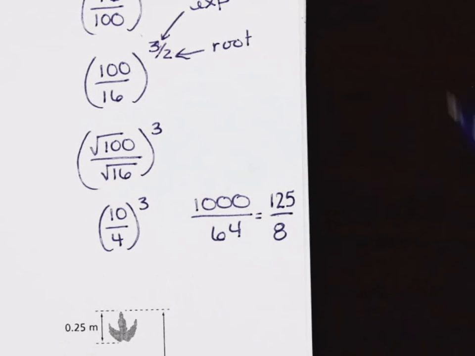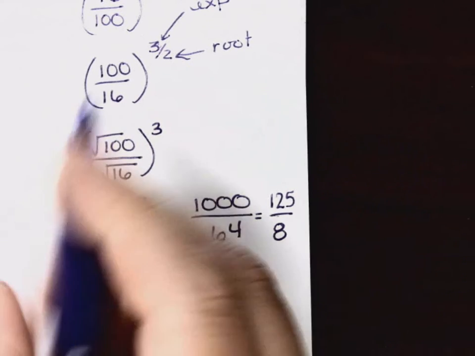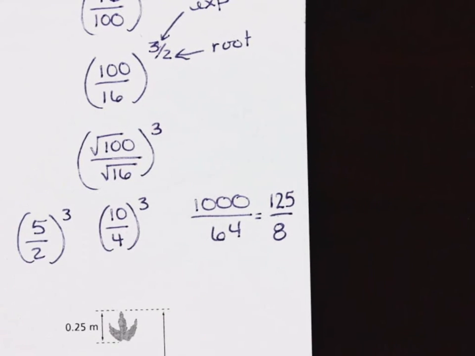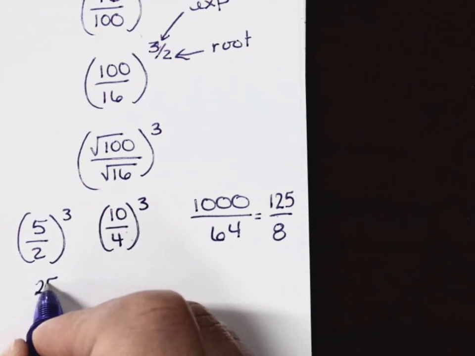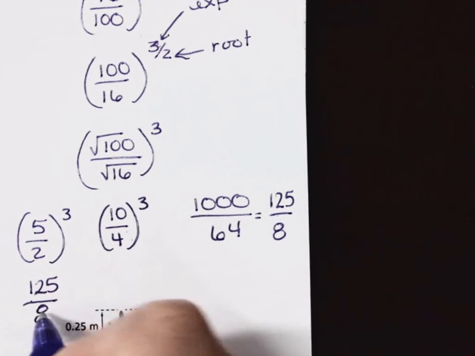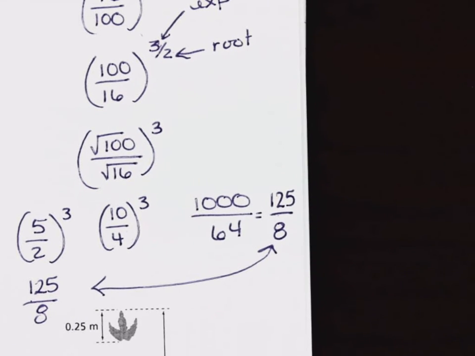Could I have reduced it right off the hop or right here? If that was 5 over 2 and then cubed, what would I have got? 125 over 8. Is that not the same answer? So you could have reduced earlier and got the exact same answer.